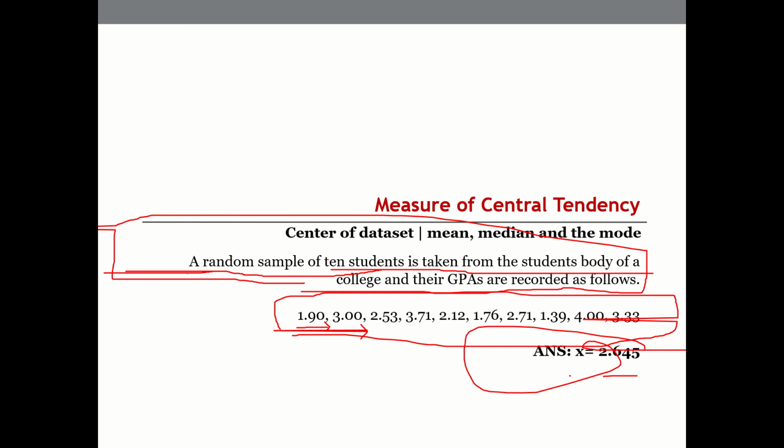N is 10, sir. Okay, right. Mean value is 2.645. Is it correct? Given 2.645, yeah, right.